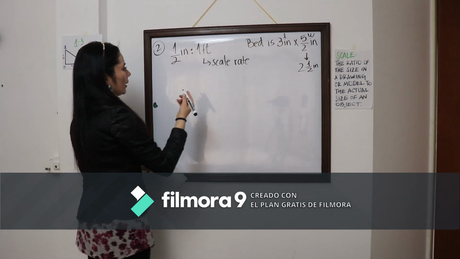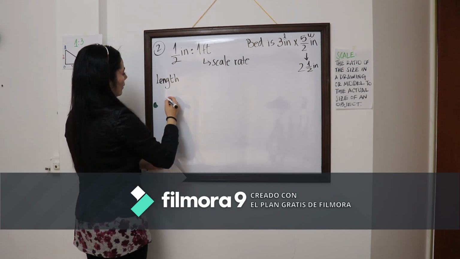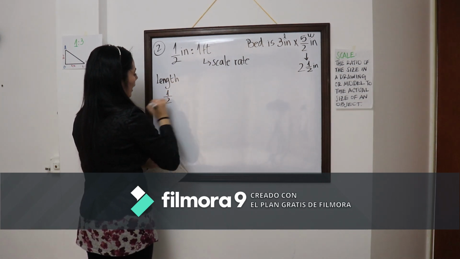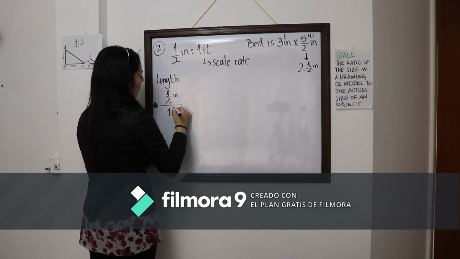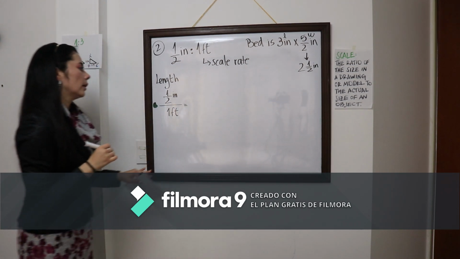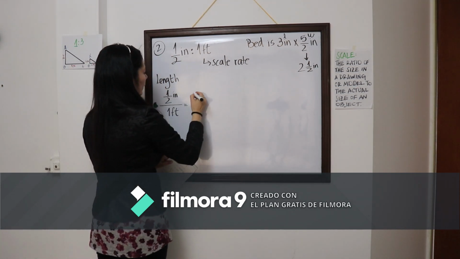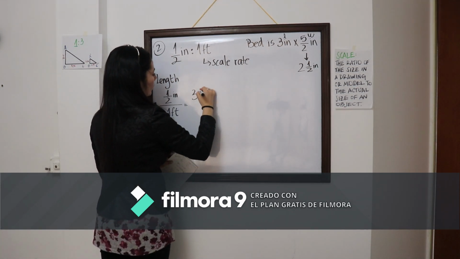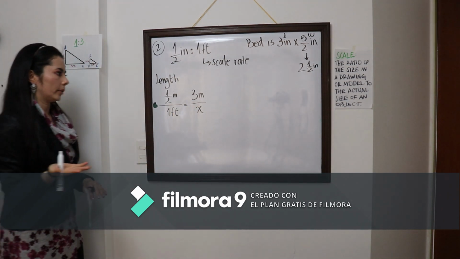And so we're going to begin with the length first. Okay? So the length is going to be 1.5 inch to 1 foot, right? It's equivalent to what? Well, we're going to work with the measurement we had, which is 3 inches, and we actually don't know what that measure is going to be.